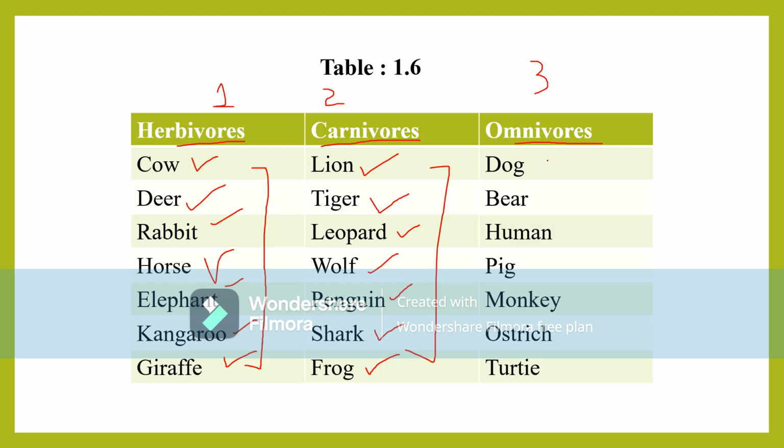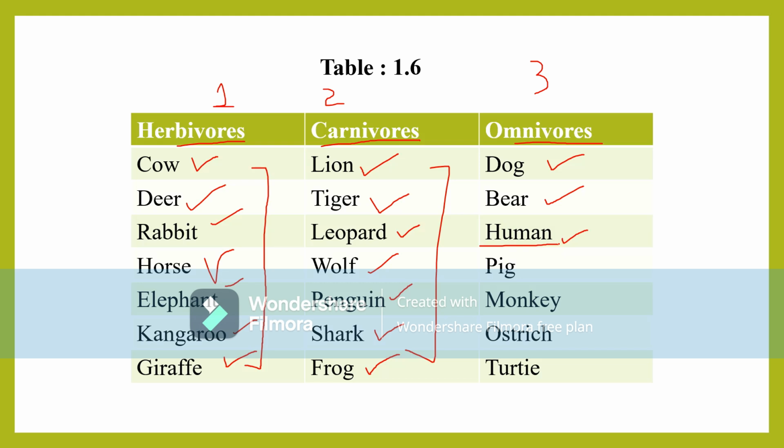Next, move towards the omnivorous. Omnivorous means, as I said previously, those which eat both plants and animals, like a dog, bear, humans. We eat both leaves and vegetables as well as chicken and all, veg as well as non-veg. So humans are omnivorous animals, this is an important one.